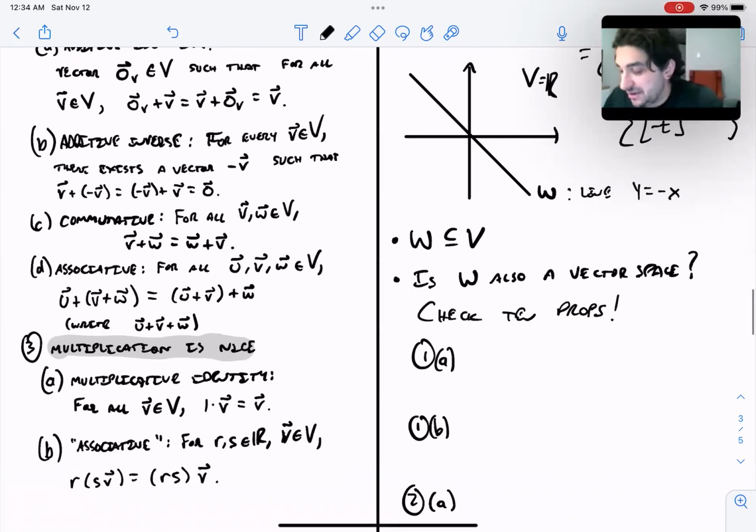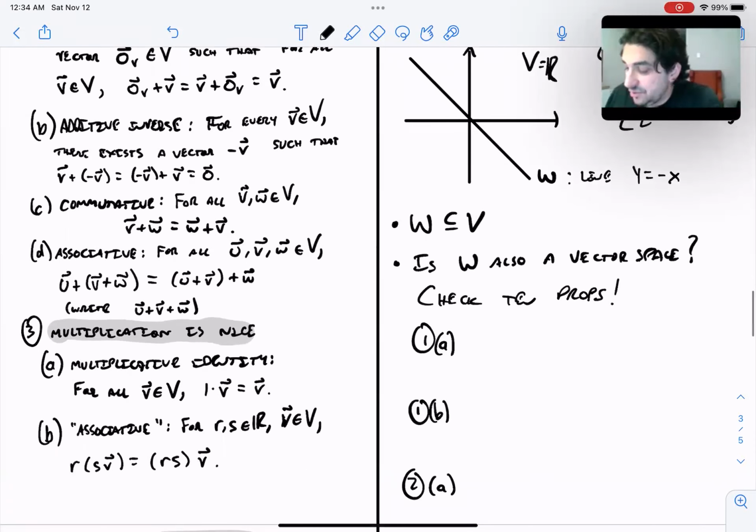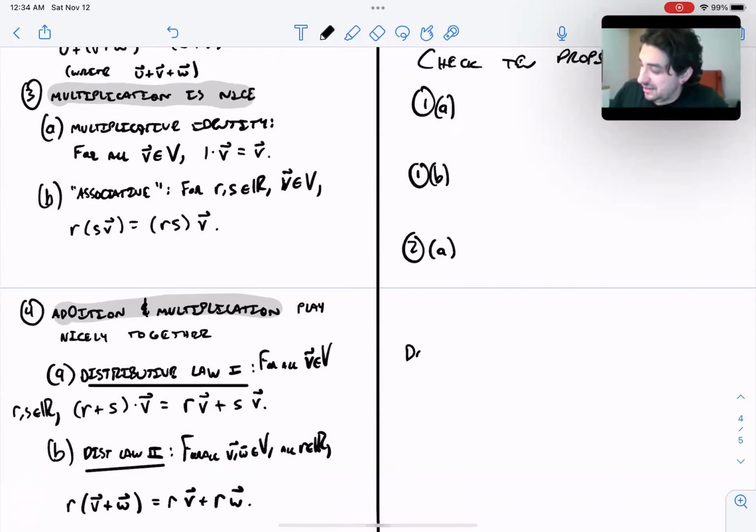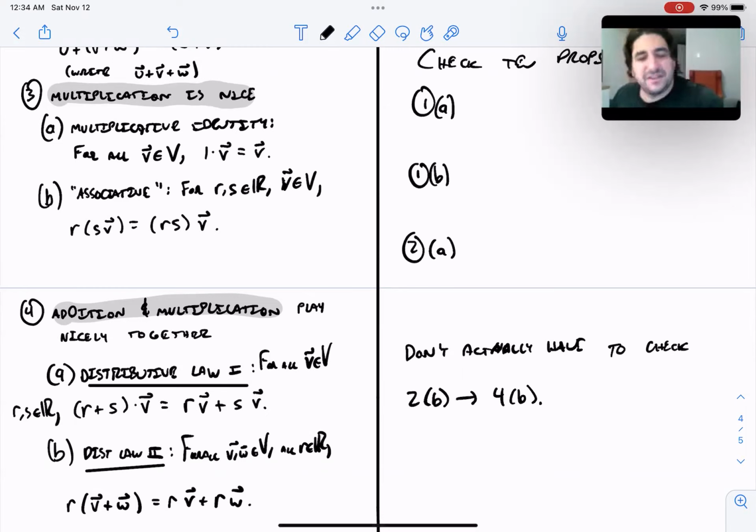It's going to turn out properties 2b through the end, 2b through 4b, the other 7 properties, you don't actually have to check.